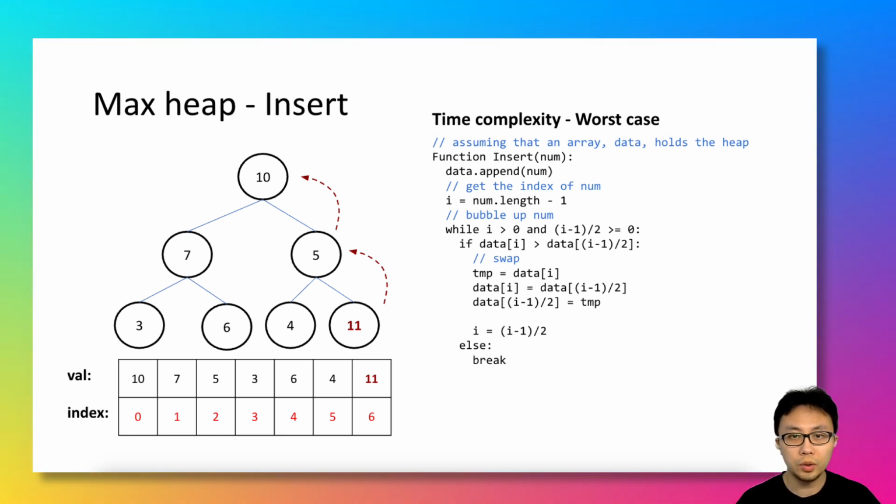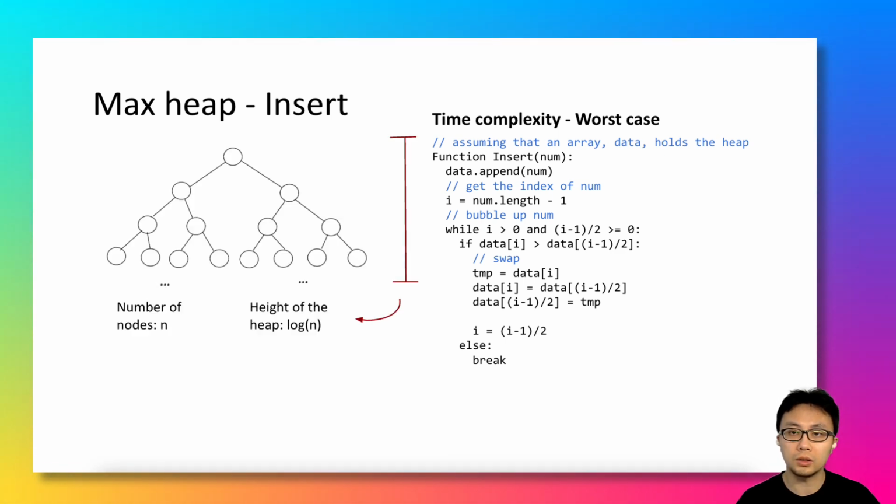This is one of the features that we studied in the past. If a heap contains n nodes, the height can be estimated as log n. In the worst case, the insert method needs to perform swaps all the way from the leaf level until the newly inserted element becomes a new root, which means that there are log n number of swaps. That said, the time complexity of the worst case is log n.